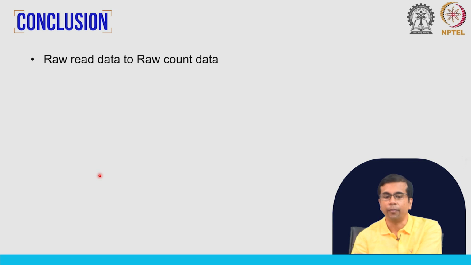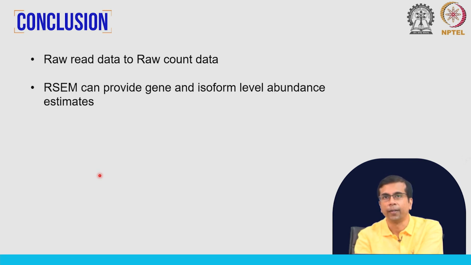Some of the tools can deal with this. For example, RSEM, which we have discussed, can provide gene and isoform level abundance estimates. It utilizes something called the expectation maximization algorithm. Again, without going into a lot of detail, it fits a model and tries to generate a maximum likelihood estimate from the data. There are other tools that do very similar work. For example, IsoEM also can give you isoform level abundance estimates.